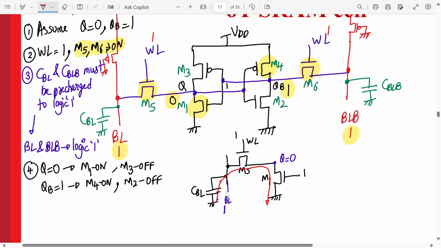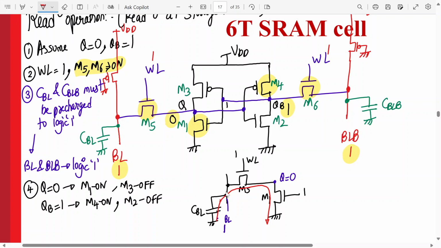CBL will discharge via these two transistors as I have shown over here. Similarly, over here, this voltage at BL was VDD, it will reduce slightly. So it will be less than VDD.